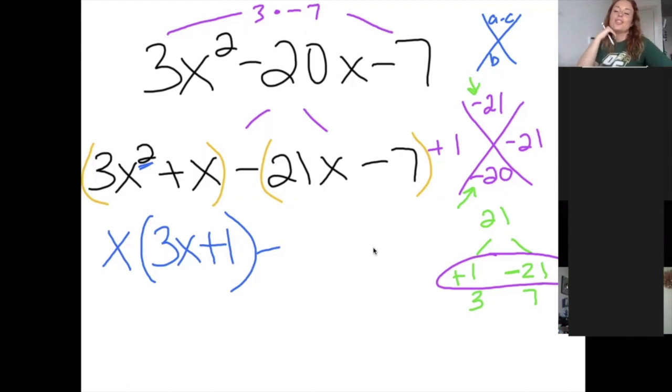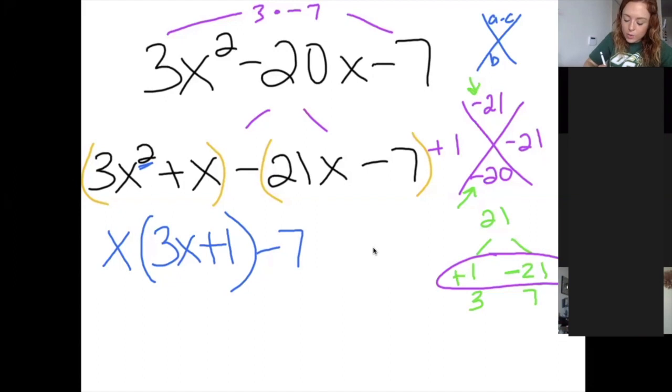Who else can tell me the GCF of 21 and 7? It is 7. And then this doesn't have an x over here. There's not an x there, so I can't take out an x.